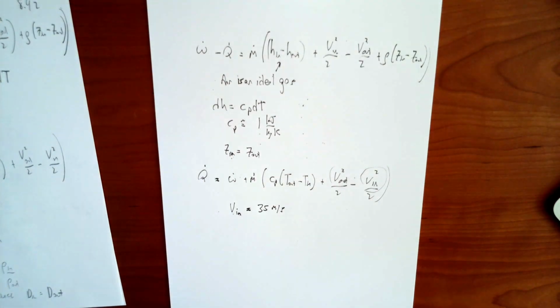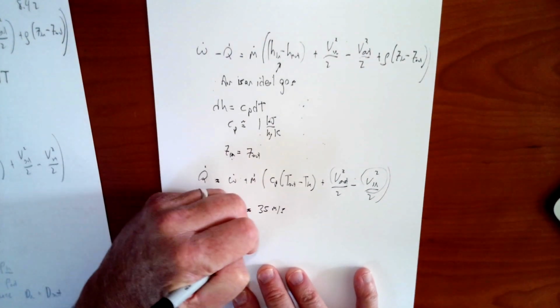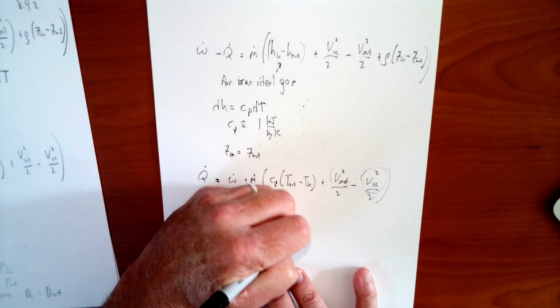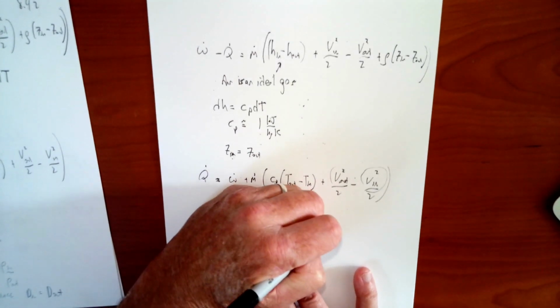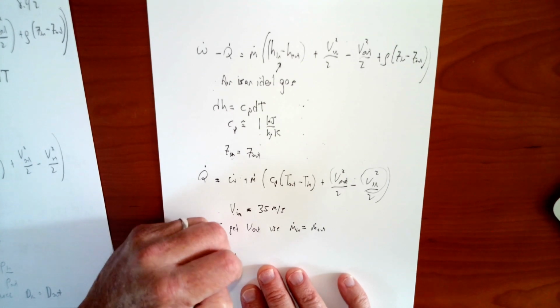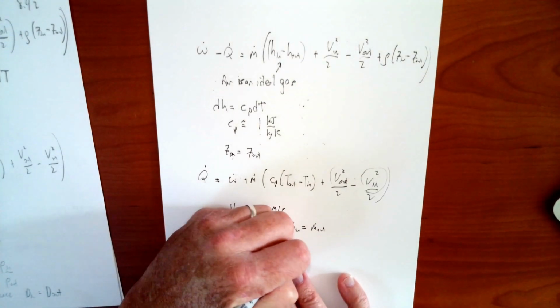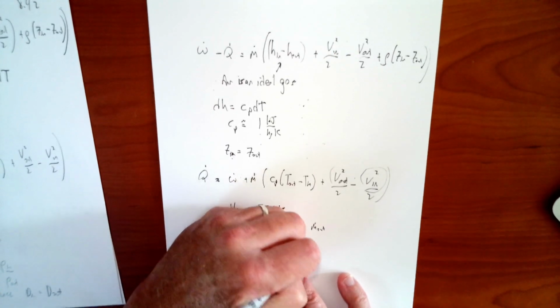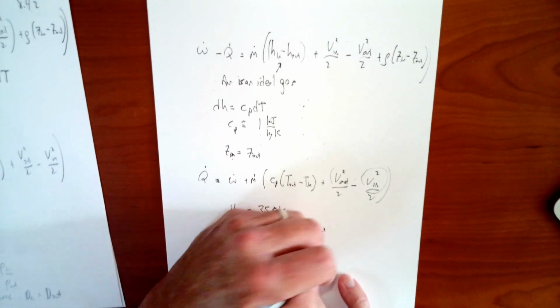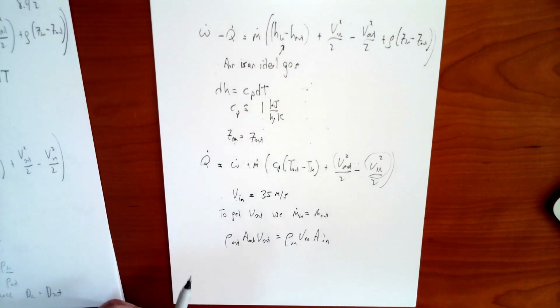But we need V out. And so how are we going to get V out? We're going to get V out from mass conservation. So to get V out, use M dot in equals M dot out. And we know the relationship for that in terms of density, area, and velocity: rho in V in A in equals rho out V out A out. So that's for both M dots in terms of density, area, and velocity.